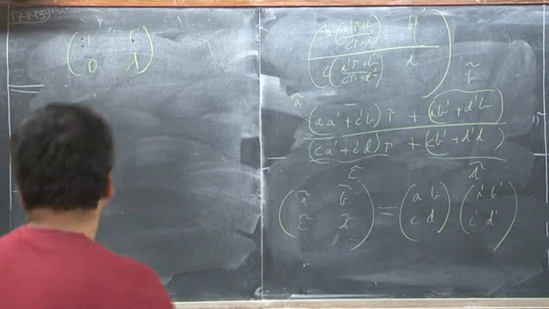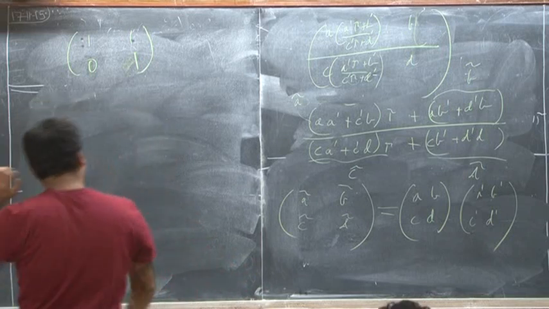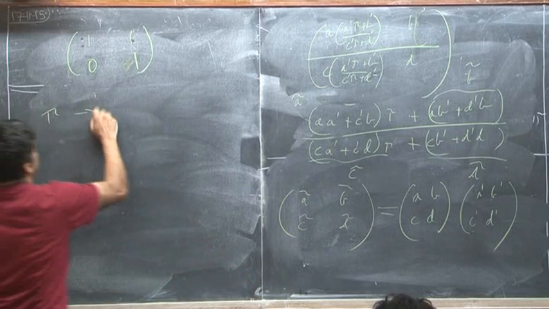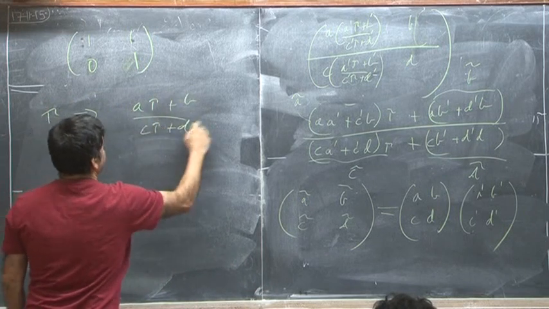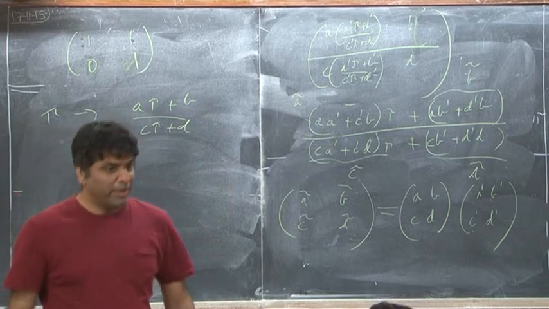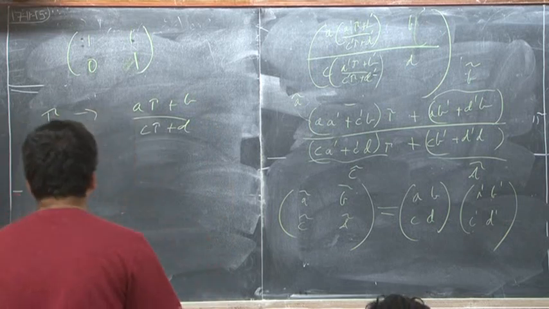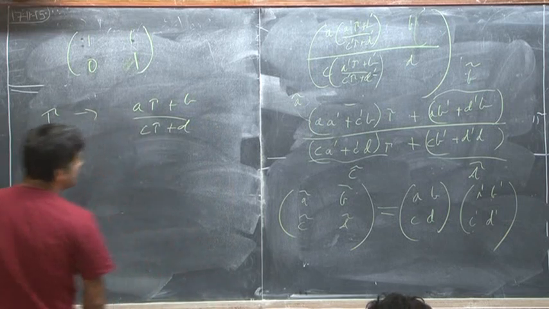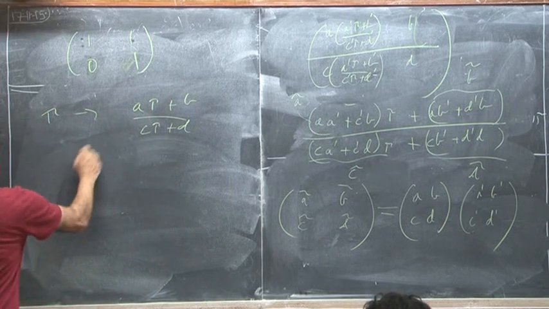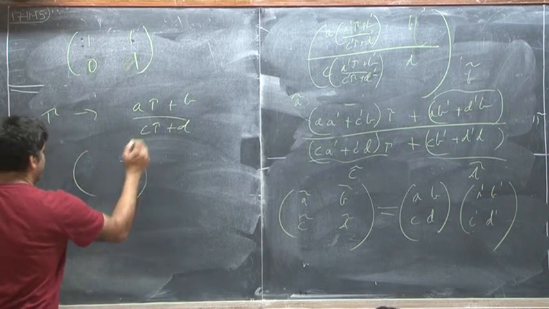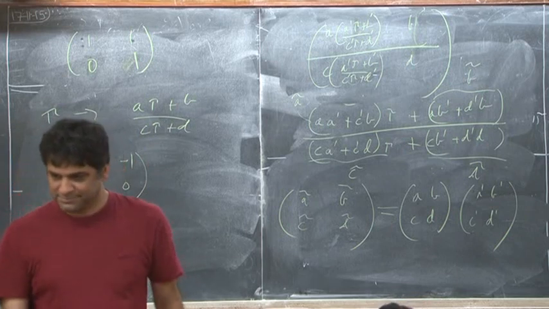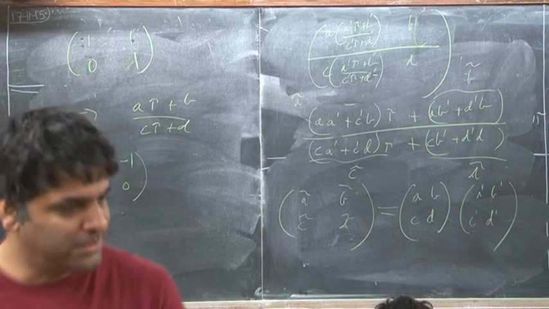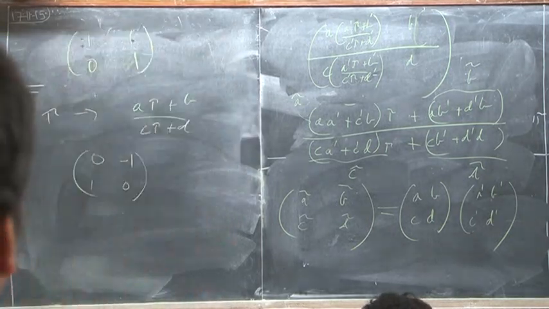And we also wanted tau goes to 1 by tau, or minus 1 by tau. So the matrix 0, minus 1, 1, 0 would do the job. That would be tau goes to minus 1 by tau.